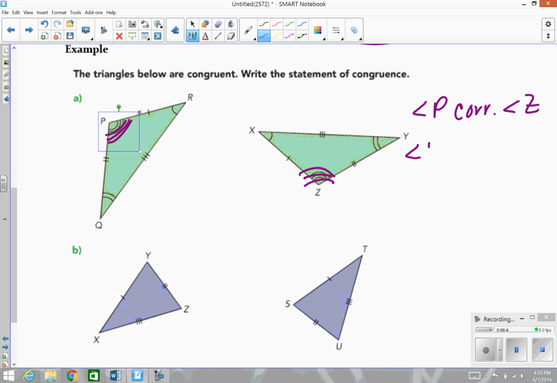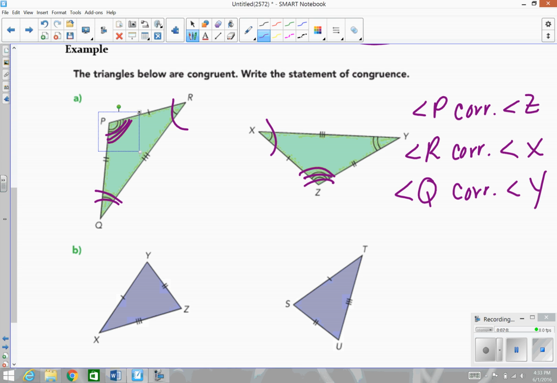We can say that angle R corresponds with angle X, and that angle Q corresponds with angle Y. And because all three angles have a corresponding angle in the other triangle, we can write our statement that says triangle PRQ is congruent to triangle ZXY.